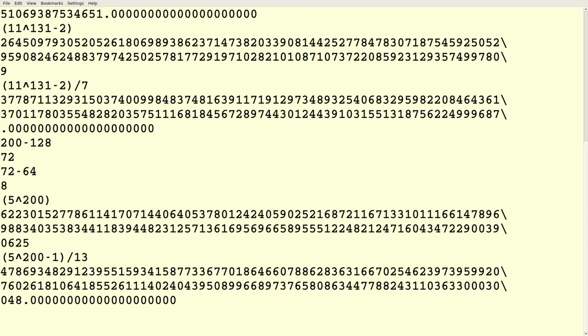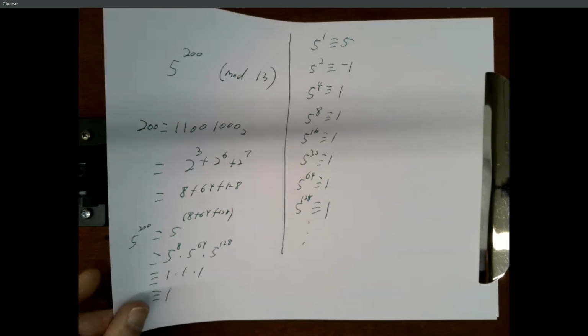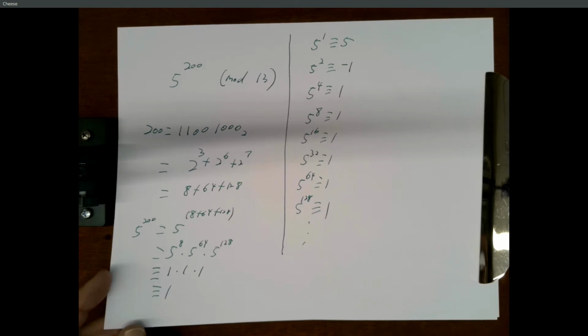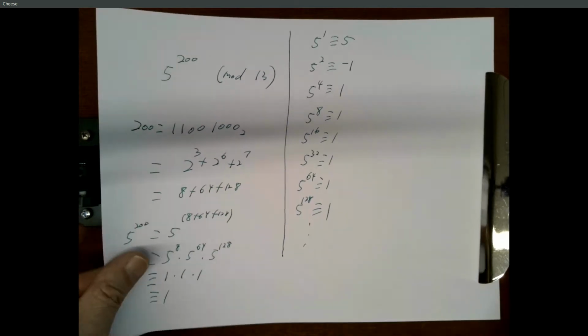So that's modular exponentiation. It's one of the tricks we use to do big arithmetic like this. The other trick we can use is something called Fermat's little theorem.